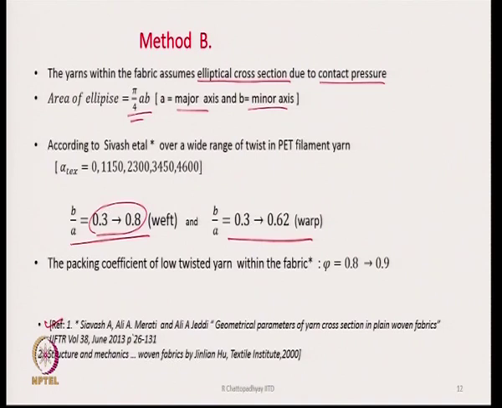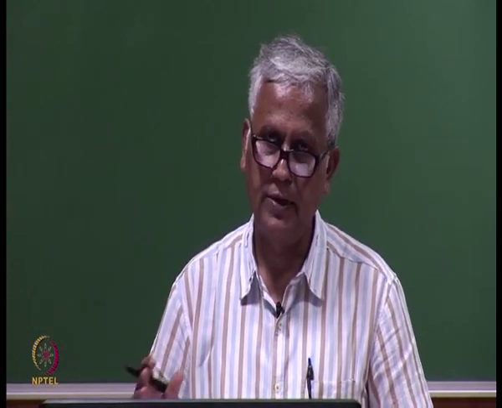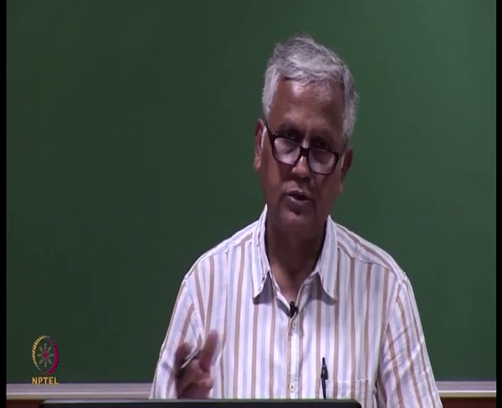If there is no change in shape, the yarn remains round even within the fabric, then we can say the ratio of B by A is going to be 1. So, 1 basically means the yarns are round in shape within the fabric, and the lesser the value, the more elliptical it is. So, this is the range in which the B by A values are going to lie.